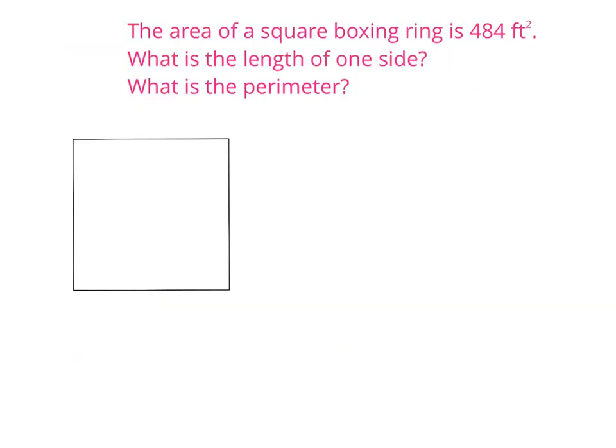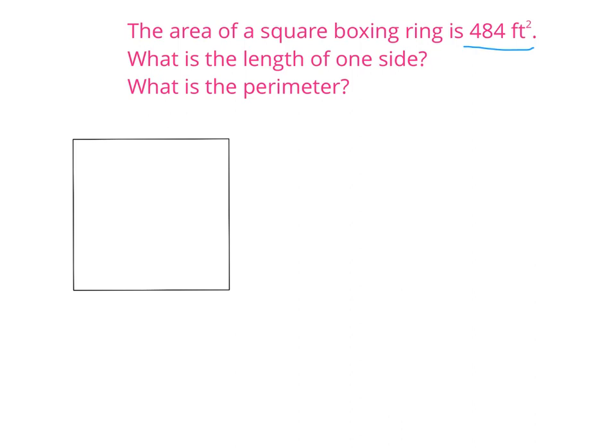All right, and now we have 3 different story problems. 3 separate story problems involving perfect squares or perfect cubes, square roots, cube roots. So it says the area of a square boxing ring is 484 feet squared. They're asking what is the length of one side.